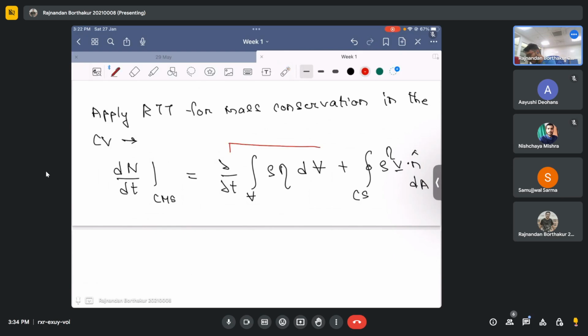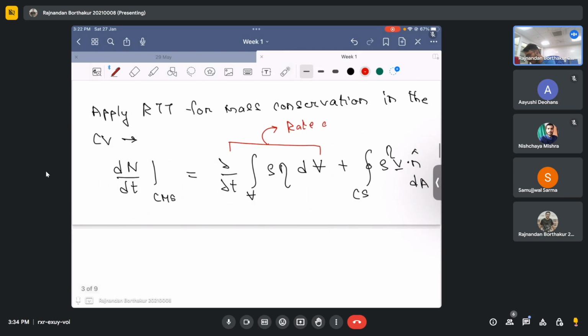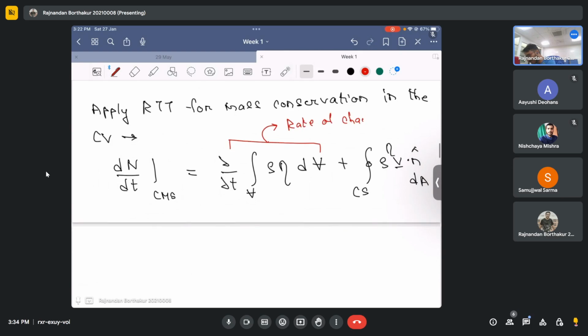This term is basically the rate of change inside the CV, meaning the control volume, and this term is basically the efflux.